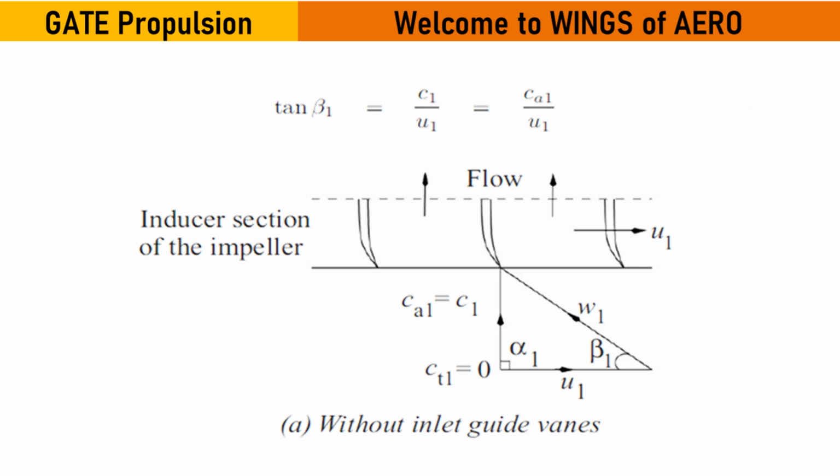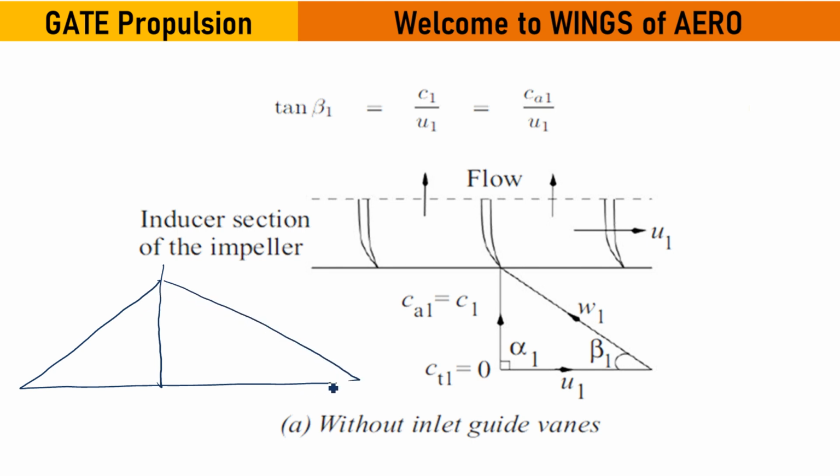Before getting started with the inlet guide vane, let's have a general recap of our velocity triangle at the inlet. We used to draw it something like this. The vertical line is always C_r.